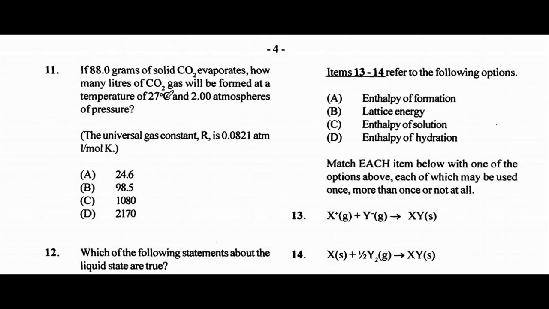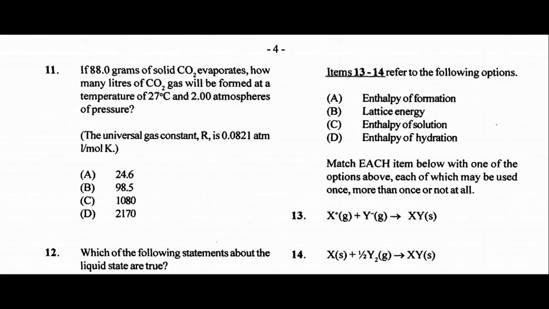The universal gas constant R is equal to 0.0821 atmospheres. That means we're getting the volume. That's what it asked, yes, in dm cube, but they didn't put the units for the answers.